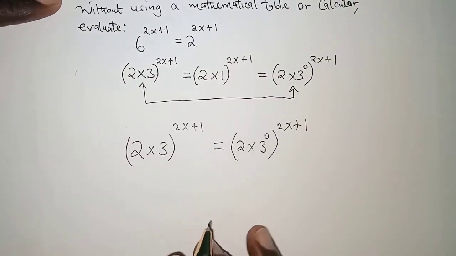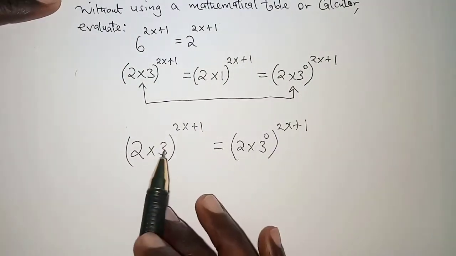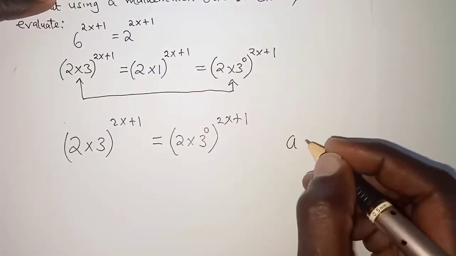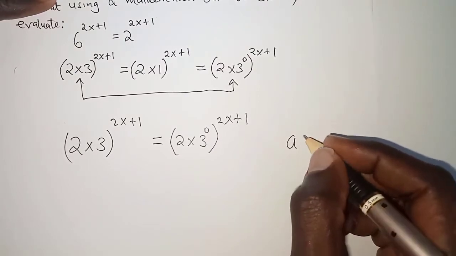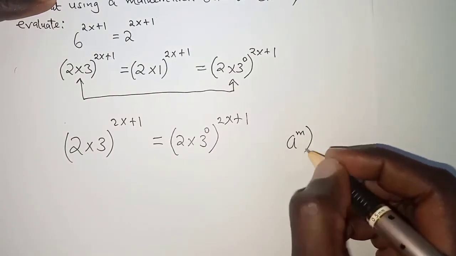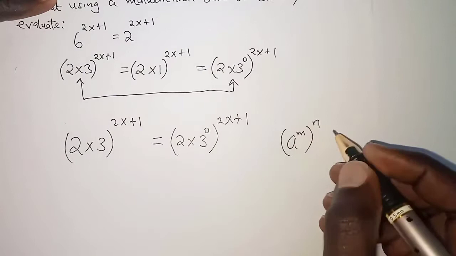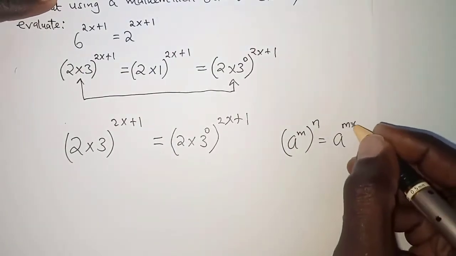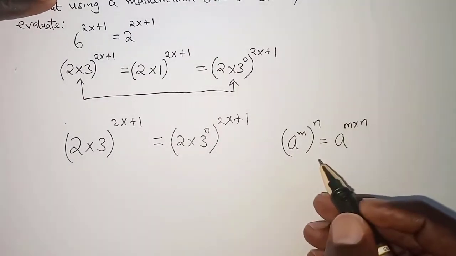Remember, by laws of indices, if we have, for example, a power m raised to n, this is just the same as having a power m times n. So we multiply the powers.